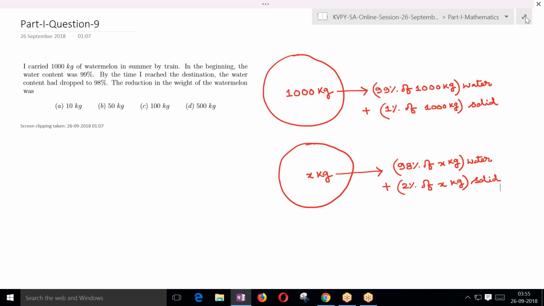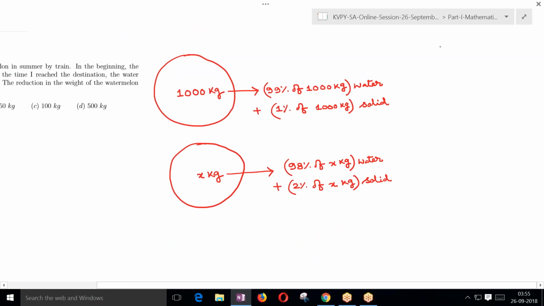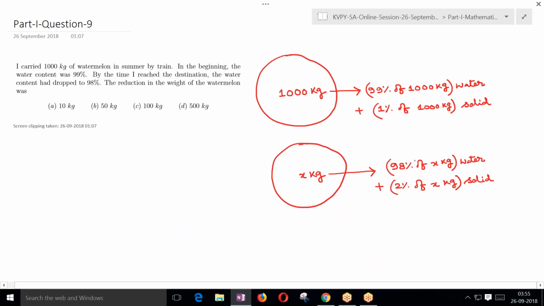Now the interesting thing is that in the entire reduction, one thing is constant, that is the solid. That 1% of 1000 kg of solid is equal to the 2% of x kg of solid, because solid remains the same, only the water part has been reduced.